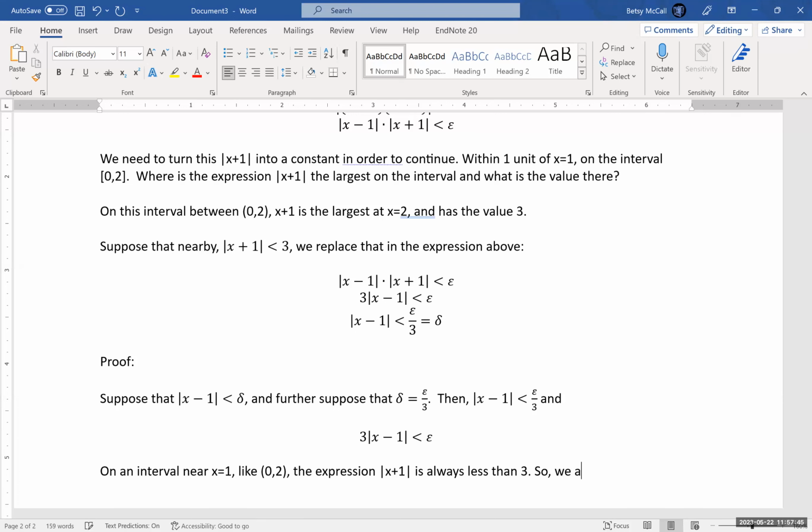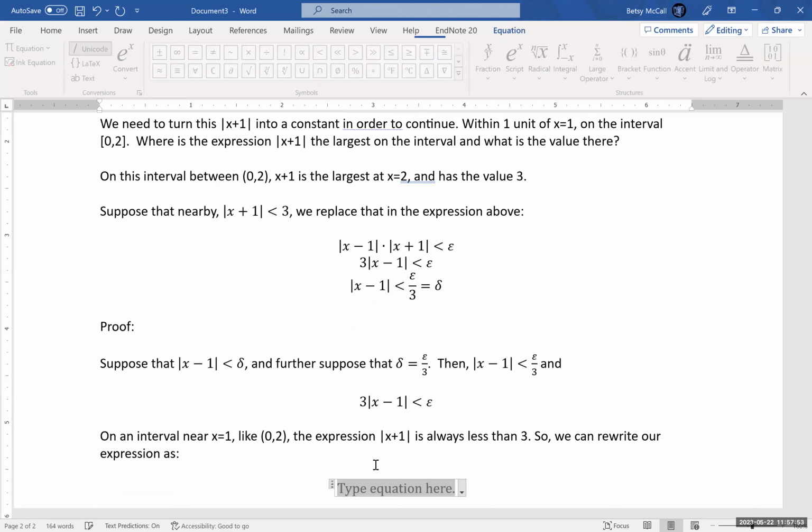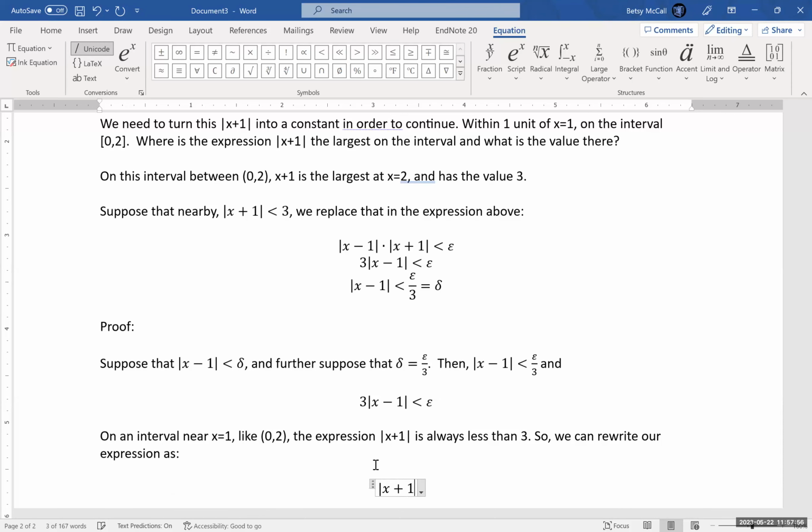So we can rewrite our expression as absolute value of x plus 1 times absolute value of x minus 1 less than epsilon.